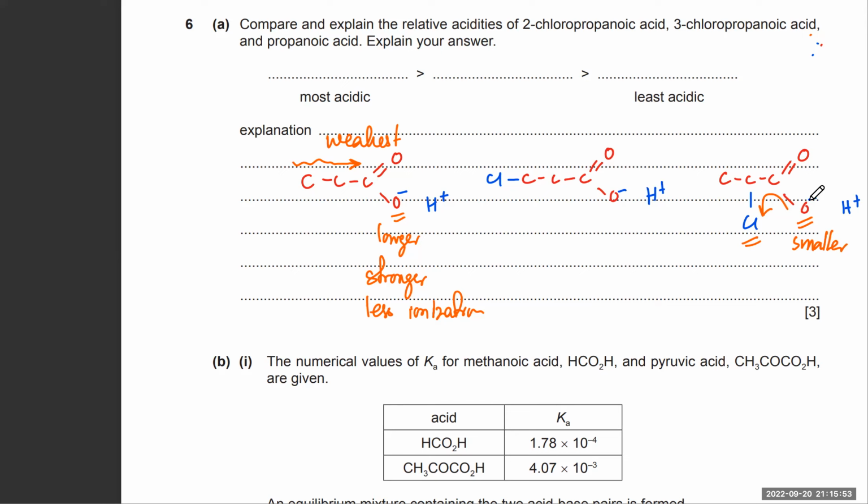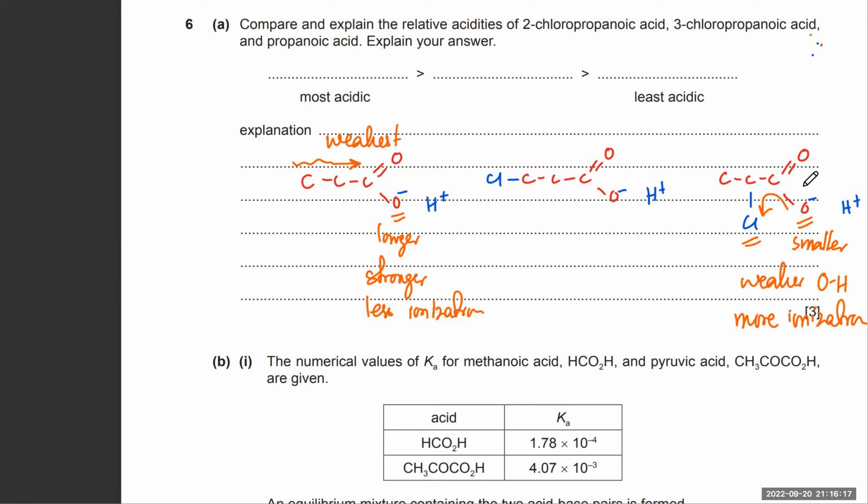So the negative charge will be smaller. If it's smaller, then the attraction will be weaker. It's going to be a weaker O-H bond, and therefore there's going to be more ionization. These two things are not going to be attracting each other that strongly. Is that clear?